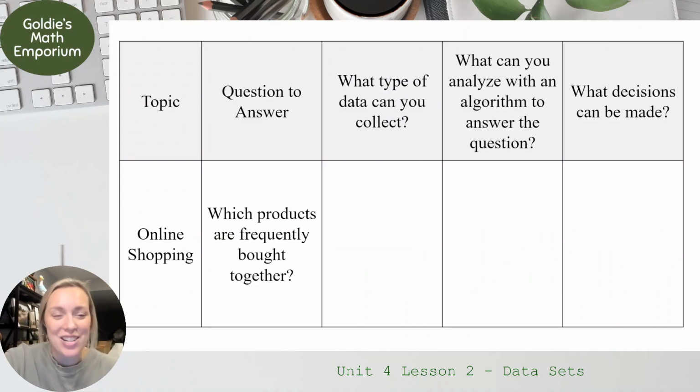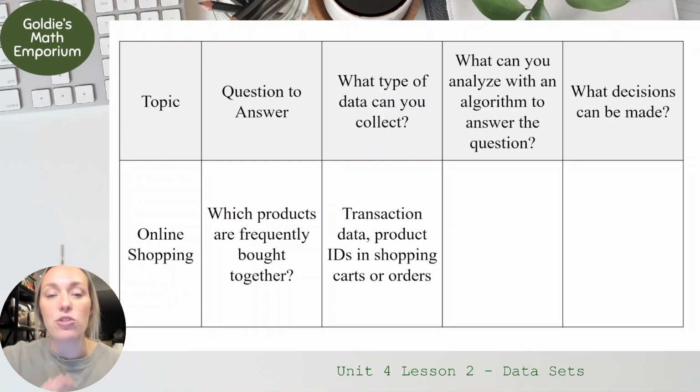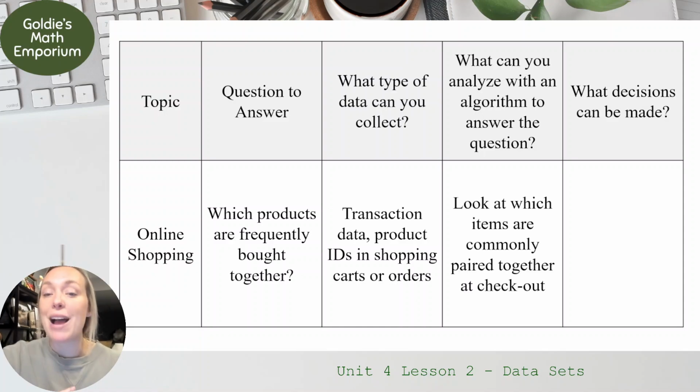Okay. Online shopping. Let's say you want an answer to the question, which products are frequently bought together, okay? If you're running a chain store, we can collect transactional data, product IDs, shopping carts, orders. We can look at which items are commonly paired together. So this algorithm would be looking at pairs and how often items are paired up together.